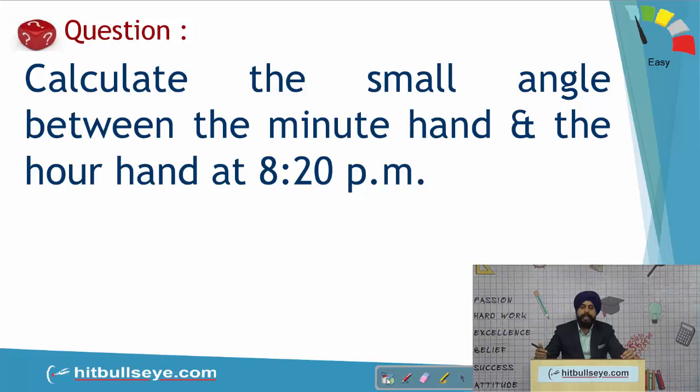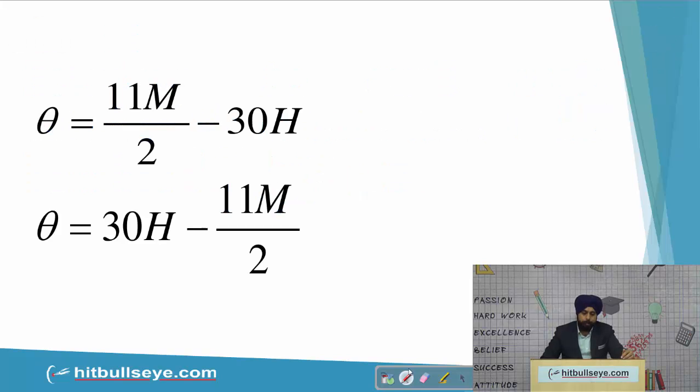Then 8:20. Now our hour hand will be at 8 and the minute hand at 20. Let's solve it by formula. Here, if you place it in the first formula, you get the answer as negative. You put it in the second one: 30 into H, which is 8, minus 11 into 20 by 2.